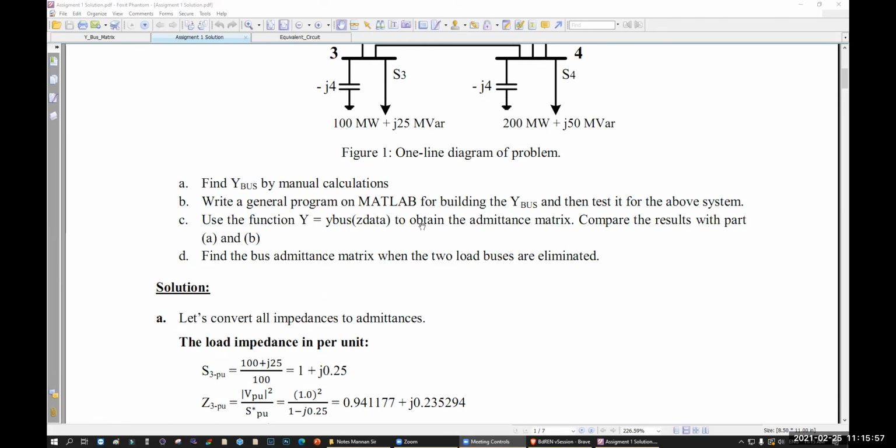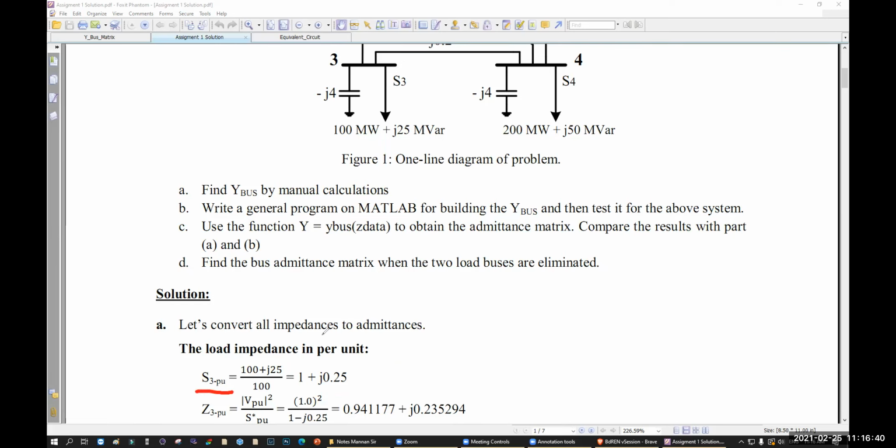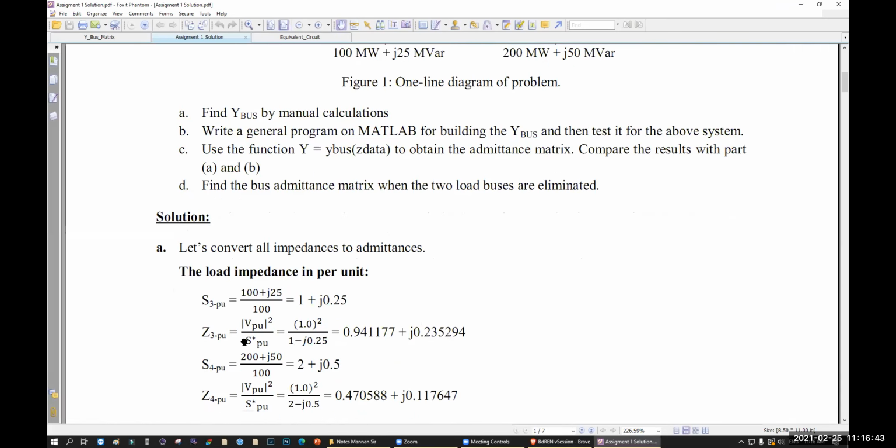So 1 plus J0.25, that is your S, not Z yet. So Z3 per unit will be V per unit squared, 1.0, divided by 1 minus J0.25. Why? Because that is the conjugate.